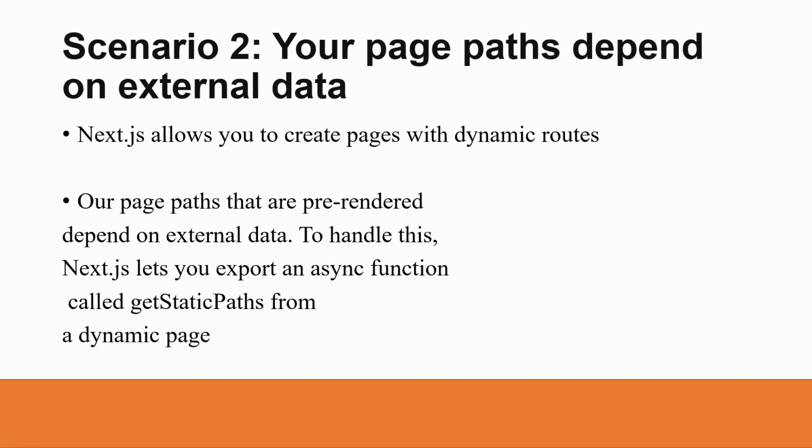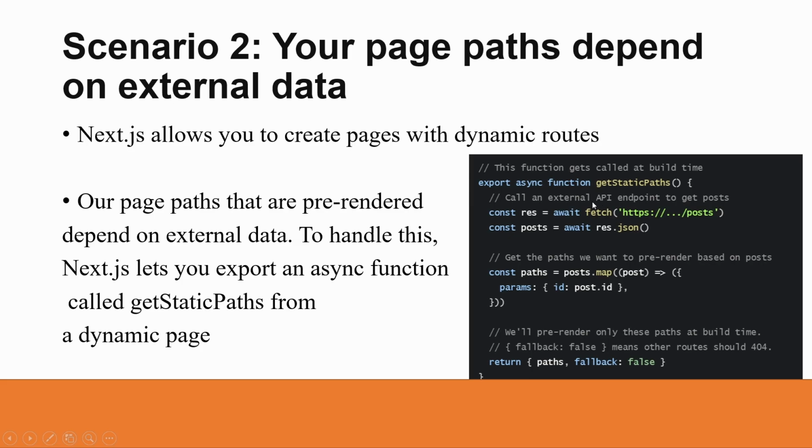So our page path data is pre-rendered depending on external data. To achieve this path, we also use getStaticPaths in the dynamic page. In the previous scenario we used getStaticProps. Here we use both getStaticProps and getStaticPaths.